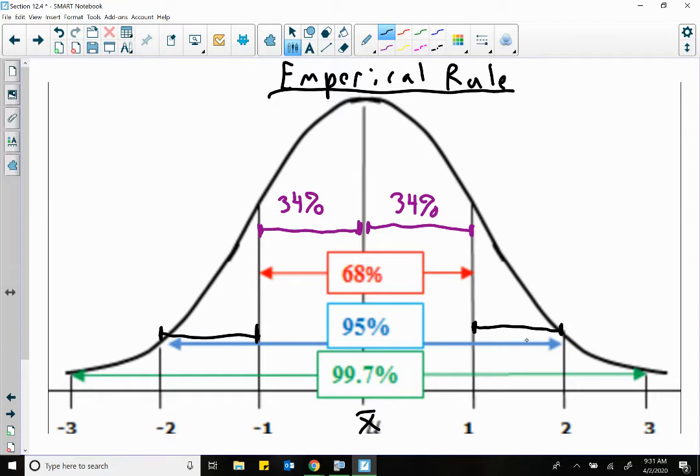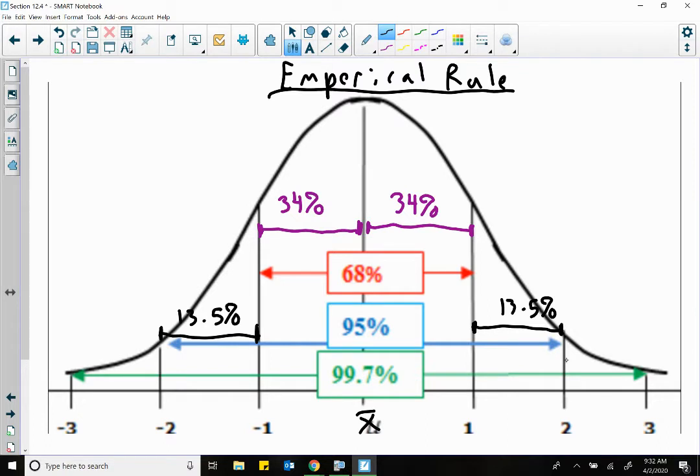Okay, so 27% of my data is being made up between these two stretches of information. Okay? Well, just like before, remember this cuts our data in half. So half of the 27 is here, half of the 27 is there. 27 divided by 2, 13.5% of my data is between 1 standard deviation and 2 standard deviations. 13.5%.